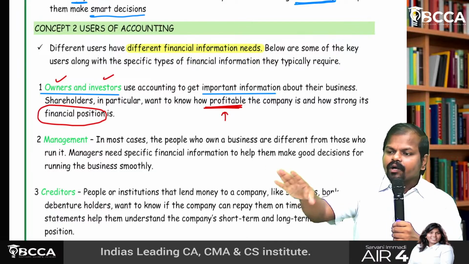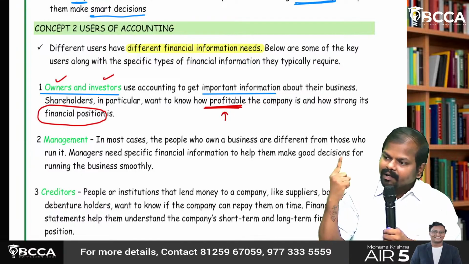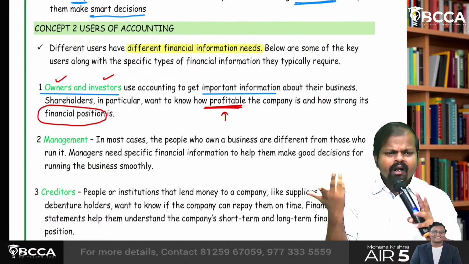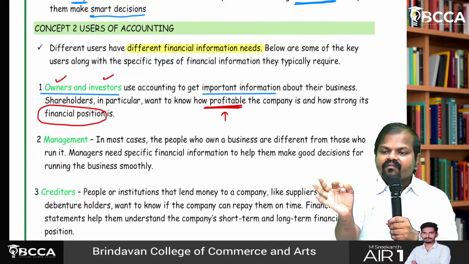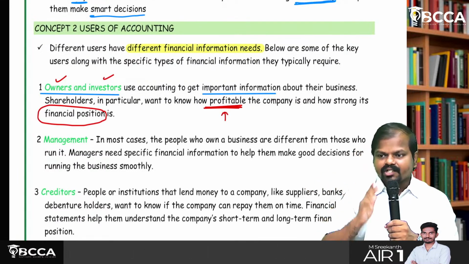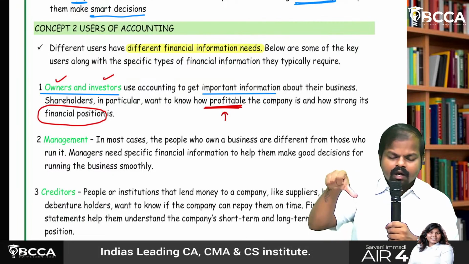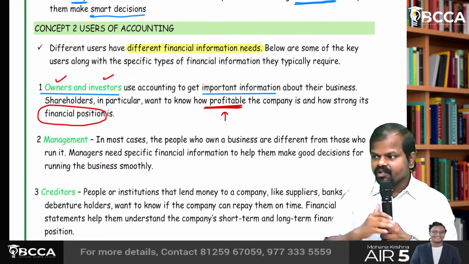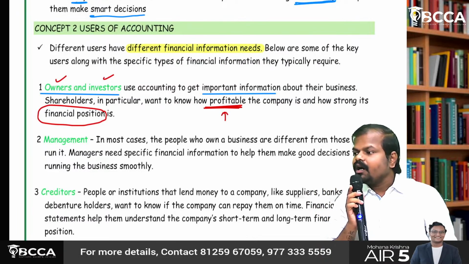With the help of accounting, what is their expectation? Two pieces of information are required. Information number one: what is the profit of the company? That is the expectation. Number two: what is the financial position, whether strong, moderate or weak? Stronger, moderate or weaker financial position of the organization.